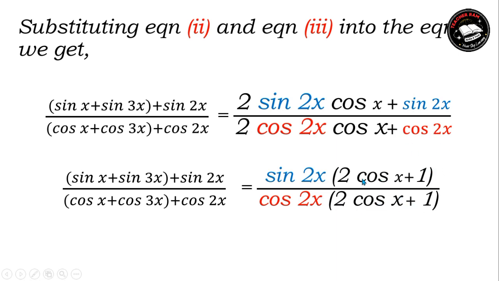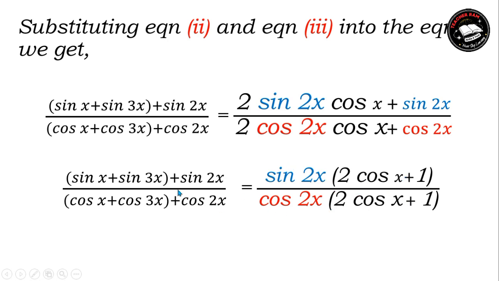So you can see here 2 cos x plus 1 is common between the numerator and denominator. So we can divide by 2 cos x plus 1 on both numerator and denominator, and these two will cancel.